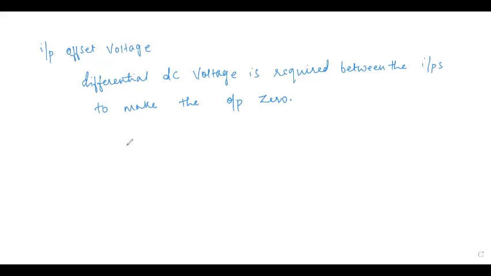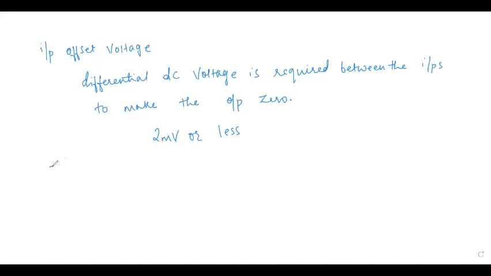So this is called as input offset voltage, and it ranges in between 2 millivolt or even less than 2 millivolt.